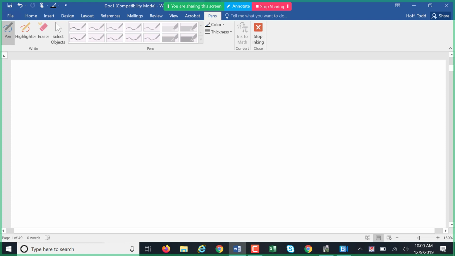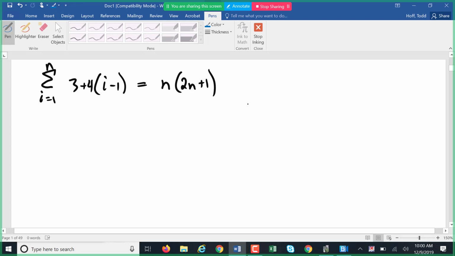So I'm going to propose that the sum from i equals 1 to n of 3 plus 4 times i minus 1 is equal to n times 2n plus 1. So there's my proposed summation formula.